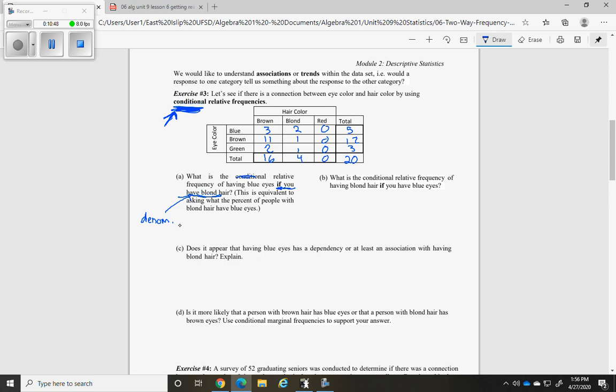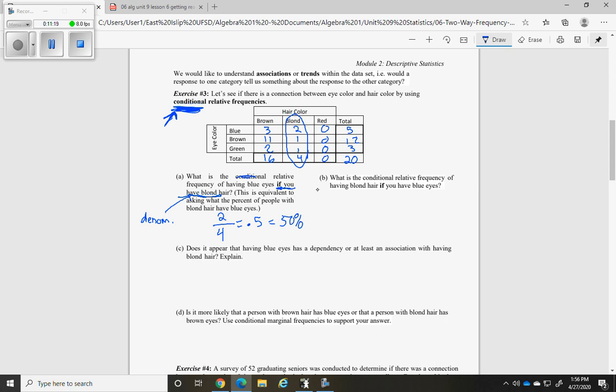It's the people with blonde hair. So there were 4 people with blonde hair. Just out of those people with blonde hair, how many had blue eyes? Oh, it was 2 of them. So that turns out to be 0.5. And if I want to change it to a percent, that's 50%. So in this one class, if you had blonde hair, seems like 50% of those people also had blue eyes.